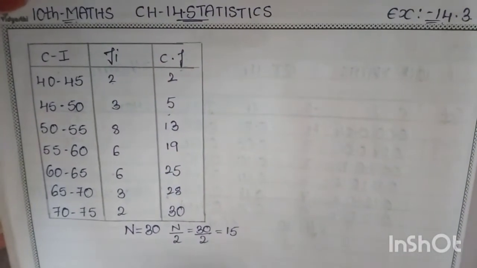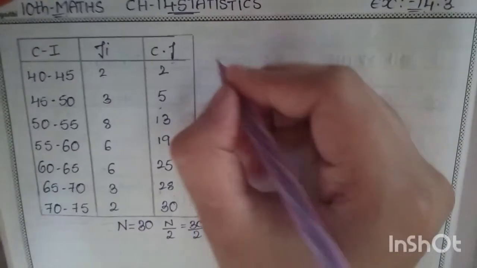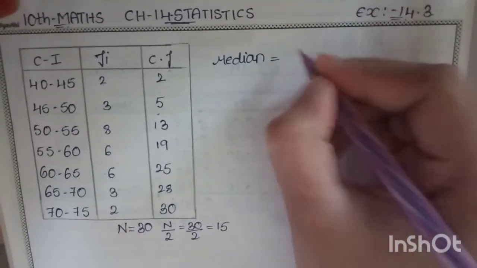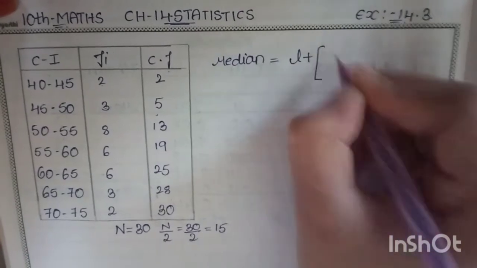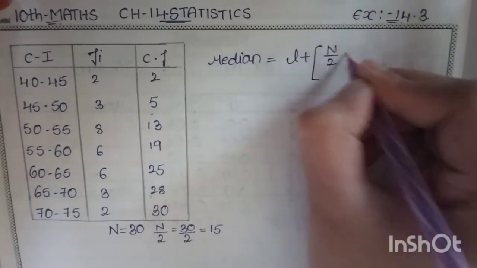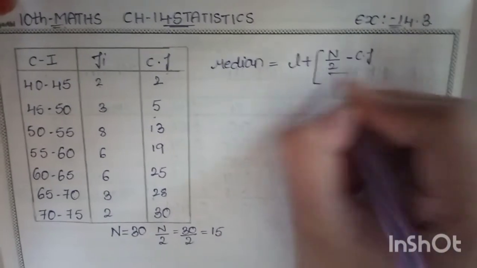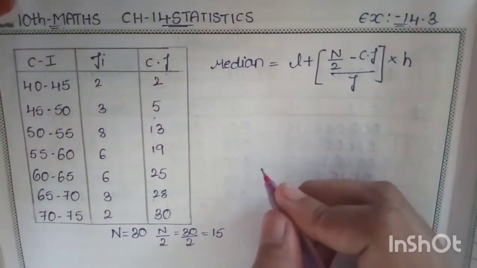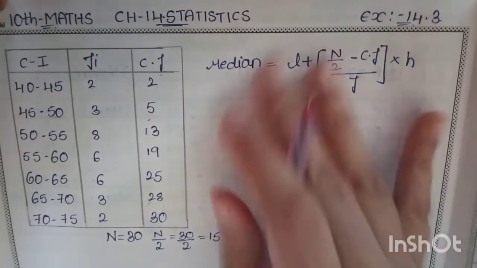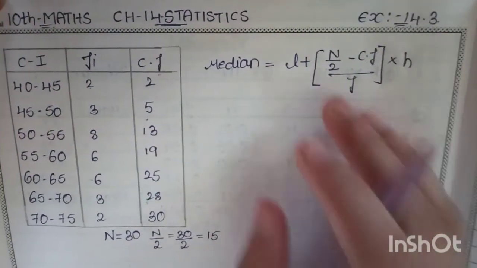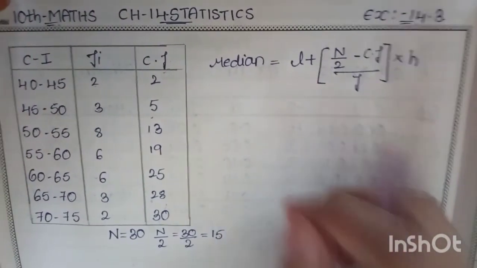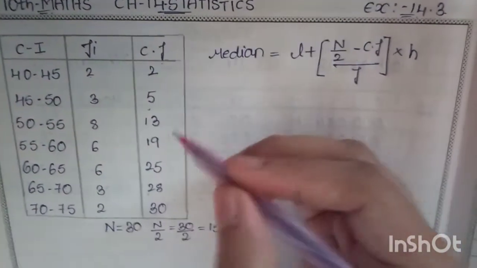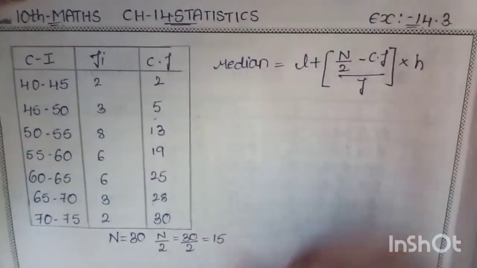Now we are doing the sum based on median, so let us write the formula. Median is equal to L plus n by 2 minus CF by F into H. So from where will you obtain all these values? From the median class. How to find the median class: it is the value in the cumulative frequency just greater than n by 2.